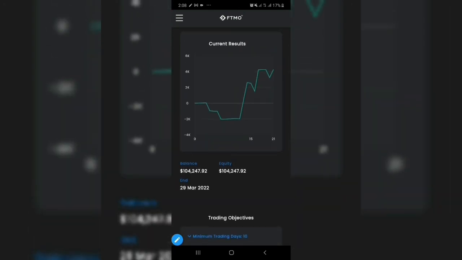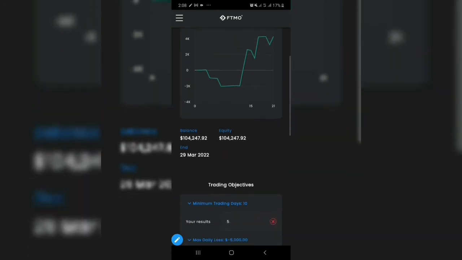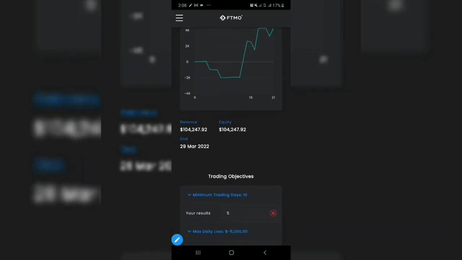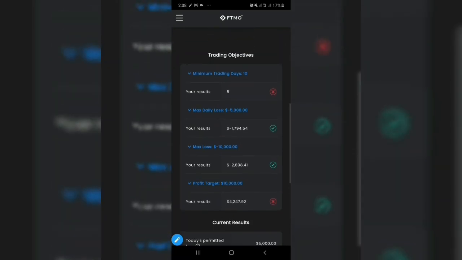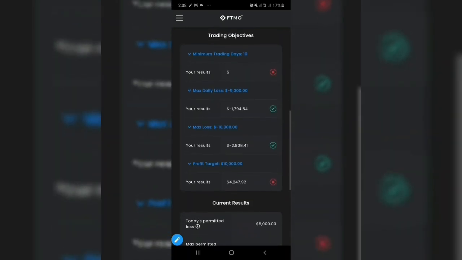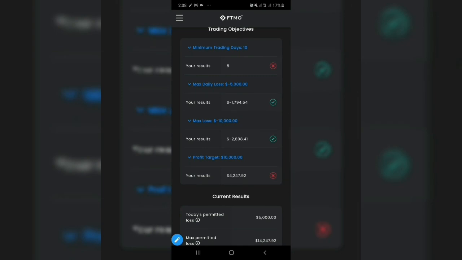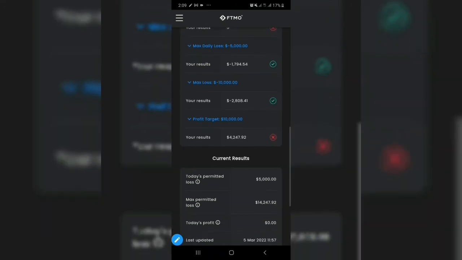So we have the 29th of March, which is when our challenge is expiring. We're already 5 days into the account. The minimum is 10 days. The maximum daily loss is 1,000, and we're currently at almost 800. Then of course the maximum loss is 2,800.